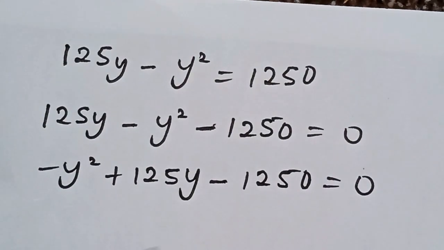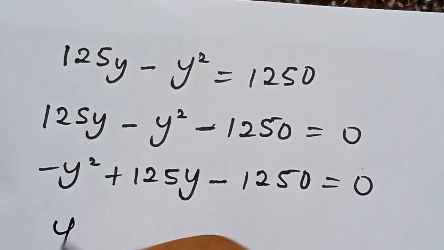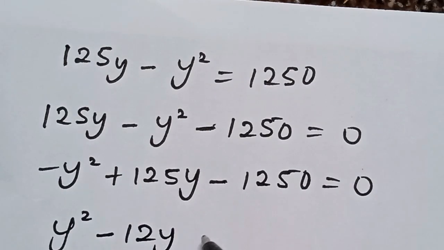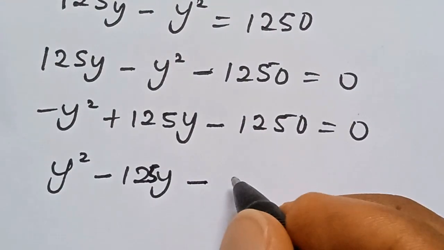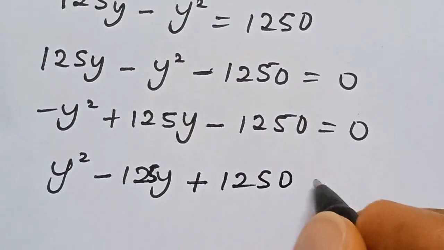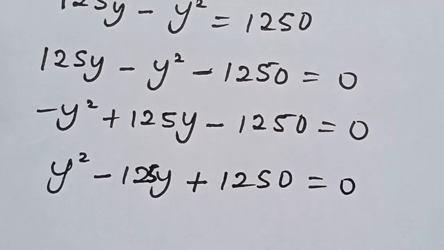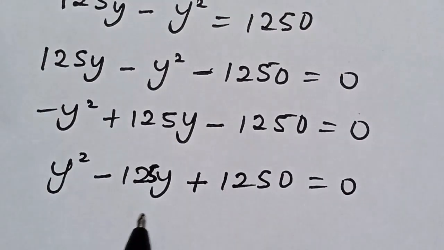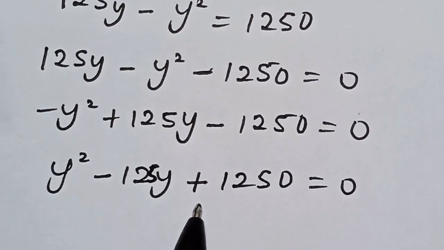Multiplying through by minus, we then have y squared minus 125y plus 1250 equals 0. So this led us to a quadratic equation, which we are going to use the quadratic formula to solve.